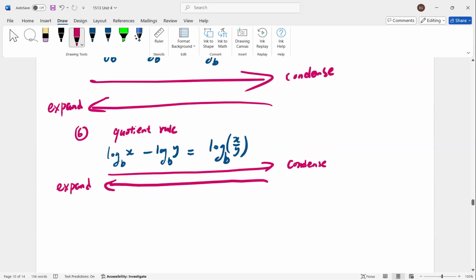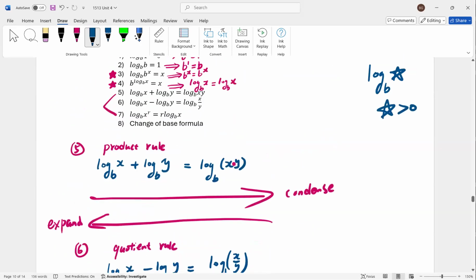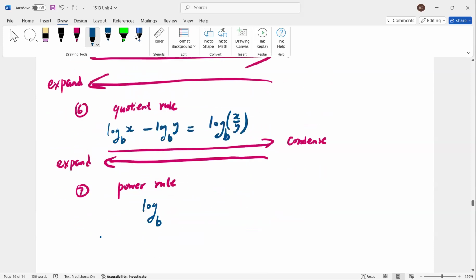So that's the quotient rule. Number 7 is the power rule. The formula is log with base b of x to the power of r equals r times log with base b of x.